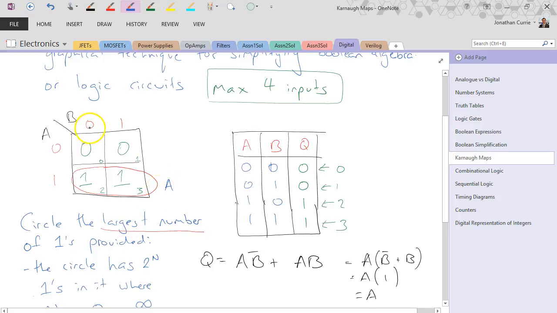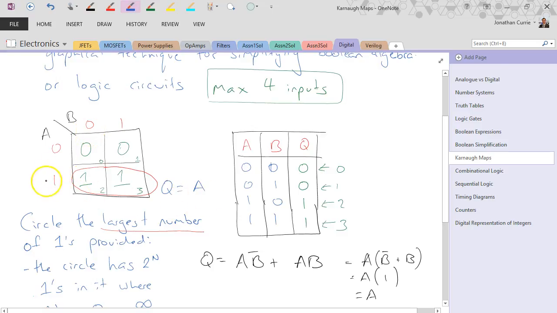For B, well, B could be 0 or 1, so we're covering both possibilities. It doesn't matter what it is, so we can drop that one. If B is 0, it's on. If B is 1, it's on as well. So B plays no role in determining the output of this circuit. So from the Karnaugh map, we would get Q is equal to A.